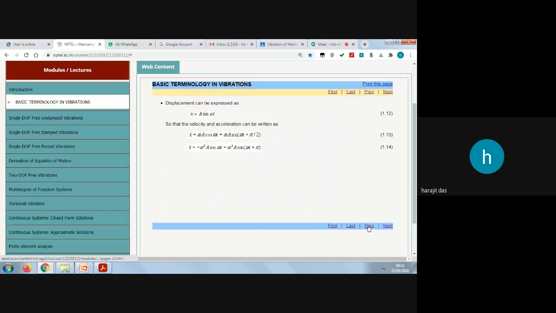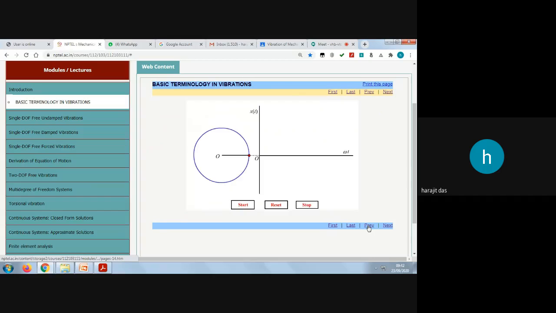This is also the second definition of simple harmonic motion: when one particle is moving in a circular path with a constant angular velocity, then the motion is a simple harmonic motion, and the simple harmonic motion can be represented by this sinusoidal curve. This way the sinusoidal curve is formed.